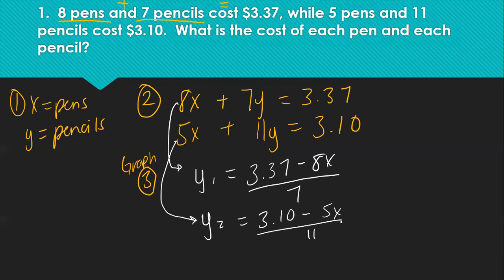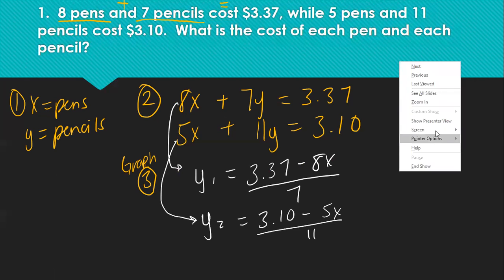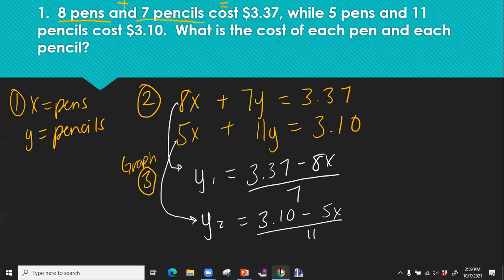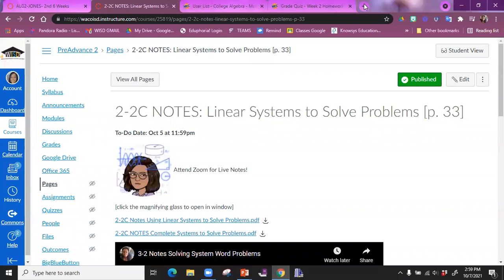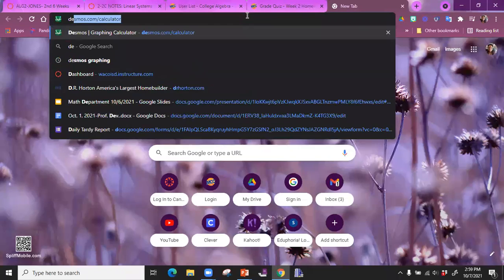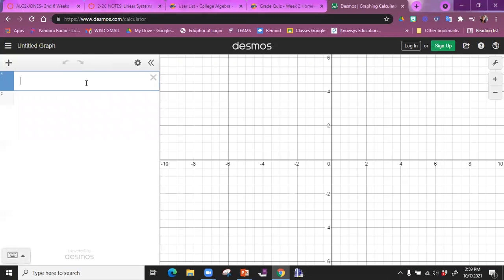All right. So now I'm going to go to the graph screen, show my little handy dandy taskbar. Desmos. Okay, in Desmos, when you're putting in a fraction, you're going to put the numerator in parentheses.